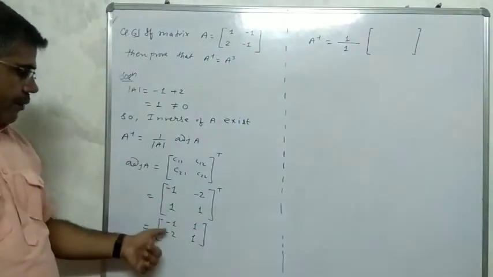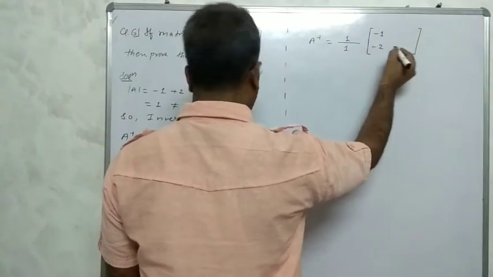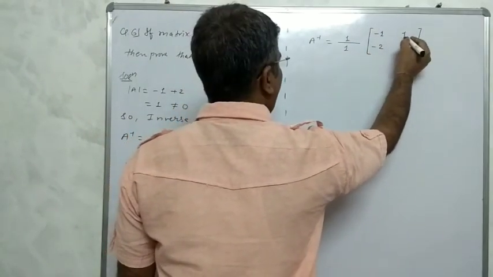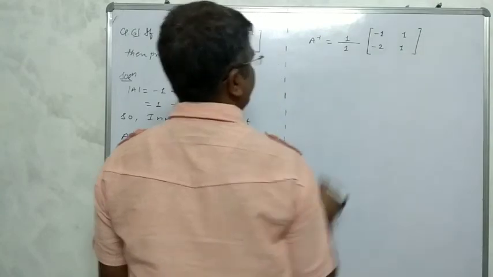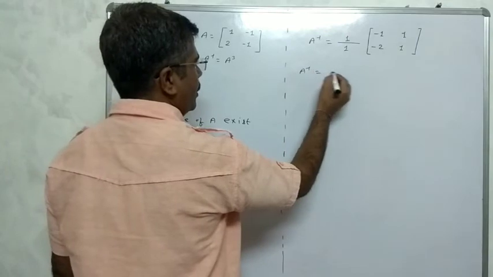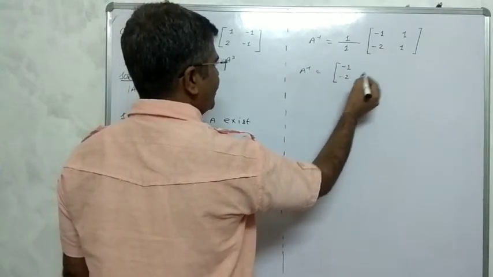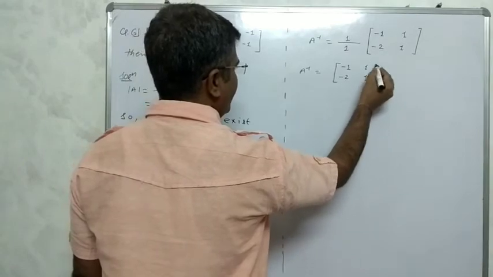Adjoint of A is given by minus 1, minus 2, 1, 1. So A inverse is minus 1, minus 2, 1, 1.